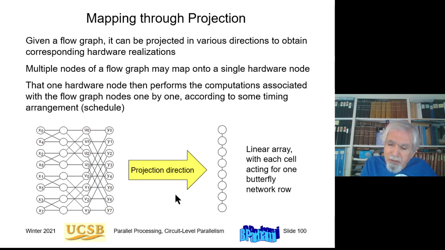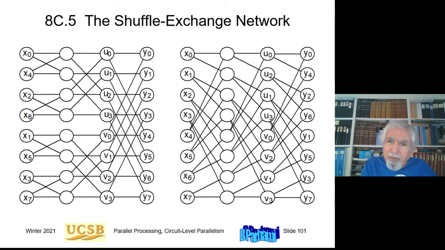So what's the solution? It turns out that I can redraw the butterfly network so that the connectivity pattern between adjacent columns is identical. This is easily verified. I've just moved things around, okay? So x0 is here, it's still here in the new drawing. x4 was here, I've put it down here in the original order, basically.